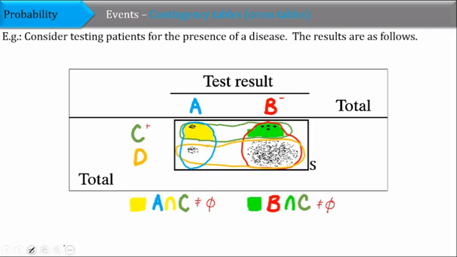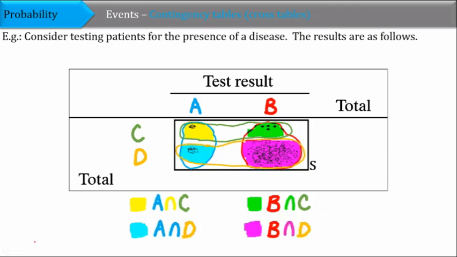This is not empty. And the same for the other two. You can have somebody that tested positive and doesn't have the disease. You can have somebody that tested negative and doesn't have the disease. So these 4 values that we actually have on this table represent 4 intersections between the 2 variables that describe the data set, the test result and the presence of the disease.